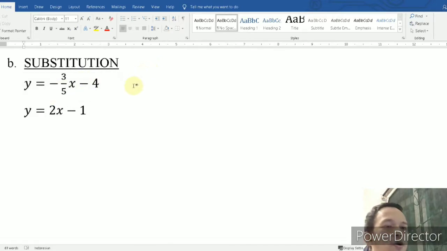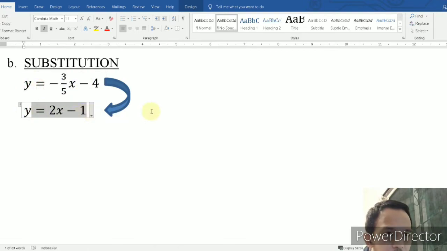Since it's already defined that y equals this one and y equals this one, and the value of y that we are looking for will satisfy both equations, I can substitute the definition of y from the first one into the second.